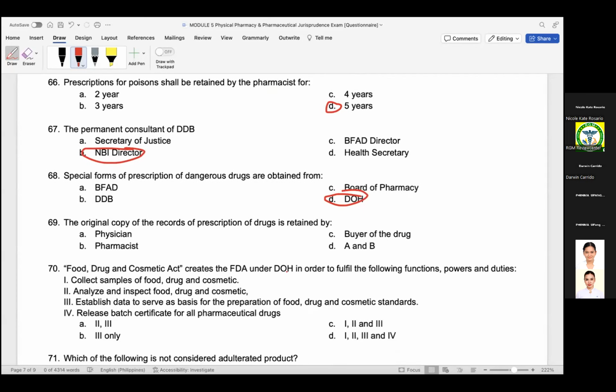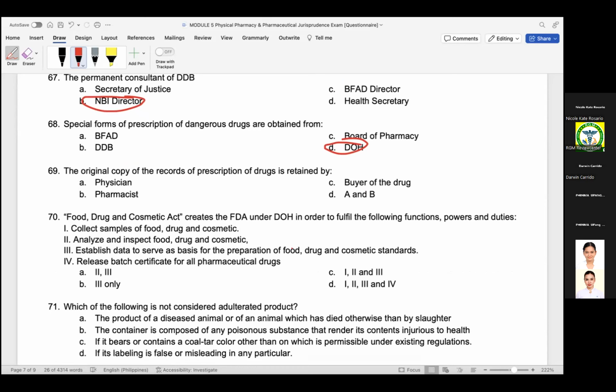Kaya nga siya rin ang nagsasabi na nung nagkaubusan ng yellow prescription, pwede na yung triplicate copy even if hindi original yung yellow prescription. Triplicate copy lang ng ordinary na prescription. Next, number 69. The original copy of the records of prescription drugs is retained by pharmacist. Letter B.